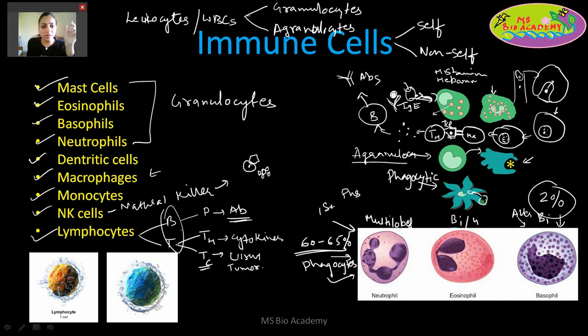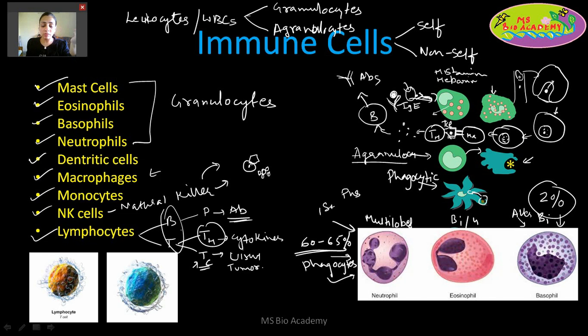They kill them directly, just like the cytotoxic cells, but the only difference is they do not need any activation by T helper cells, unlike the TC cells, which need activation by T helper cells to act. Natural killer cells can directly kill them without any activation.